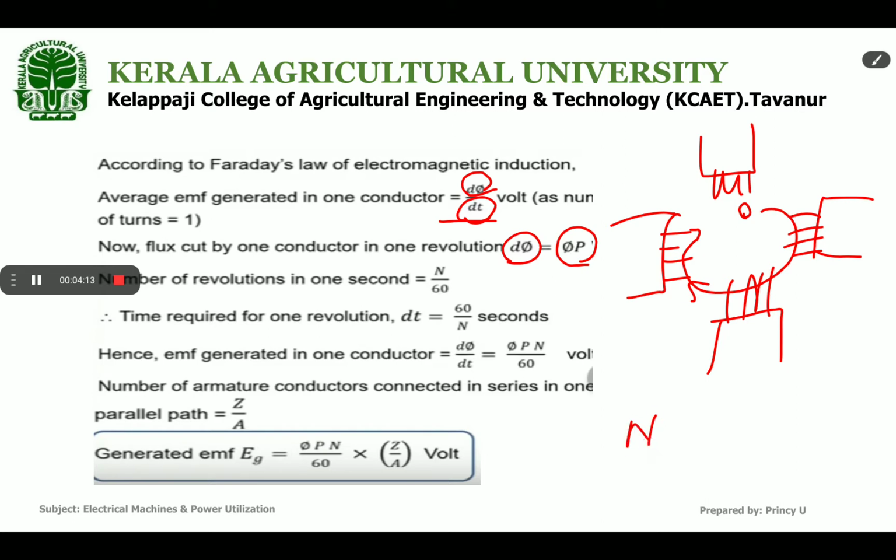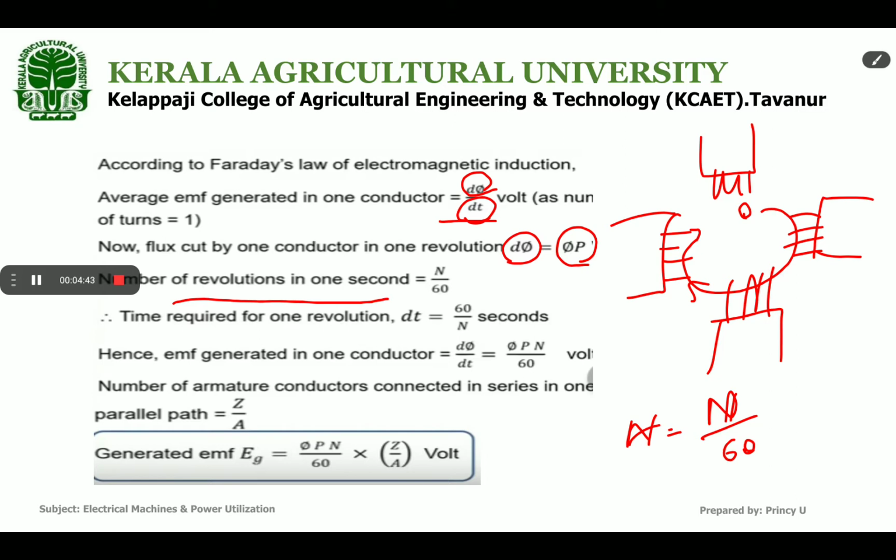Let N be the speed of the armature in revolutions per minute. So the number of revolutions per second is N by 60. To change from per minute to per second, we divide by 60.